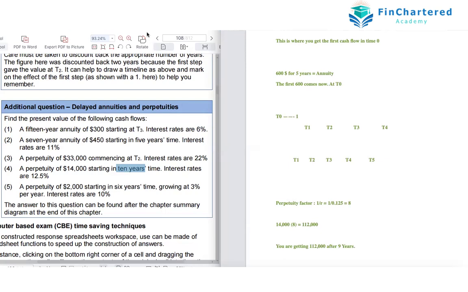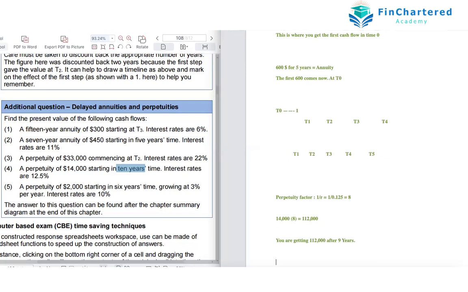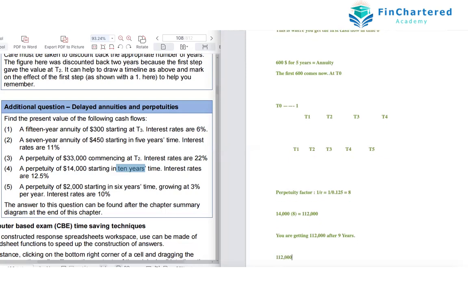Osama, you will do the discounting and find the present value. So 112,000 is the value after 9 years. Use the discount factor. 9 years at how much? 12.5%. It should be how much?